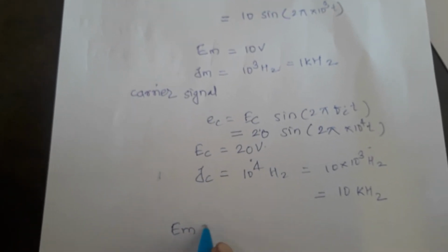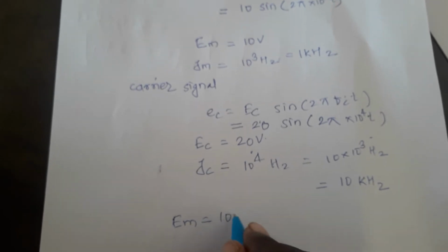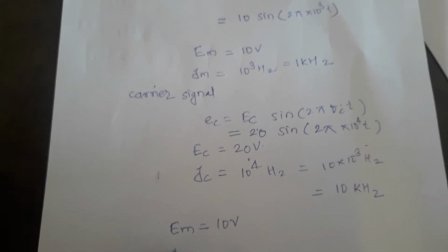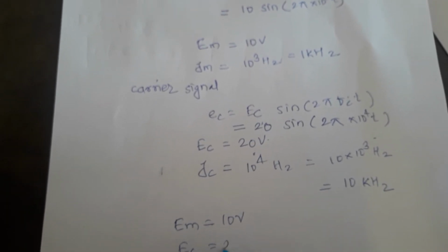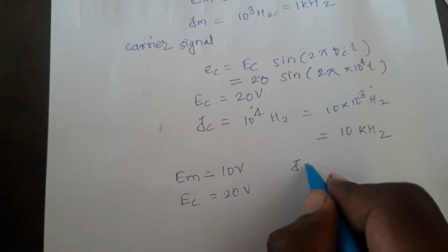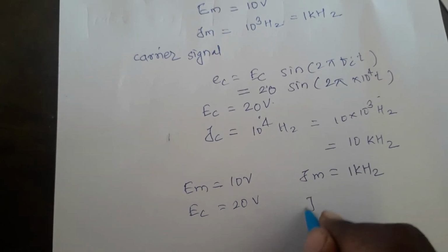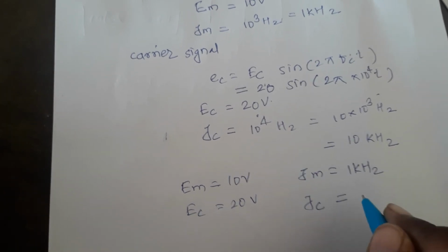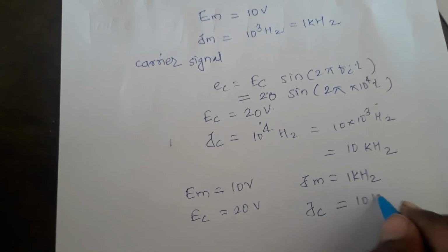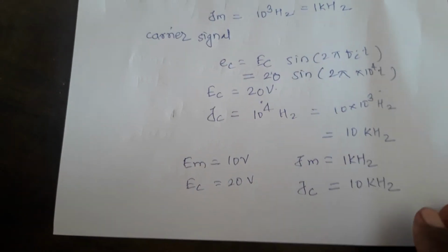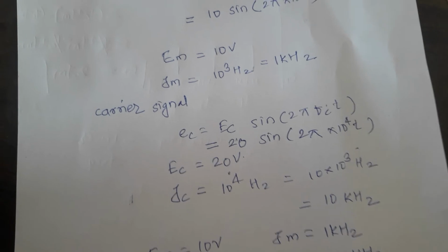According to the equations we get 4 values: Em equal to 10 volt, EC equal to 20 volt, Fm equal to 1 kilohertz and Fc equal to 10 kilohertz. So that much data we have available.